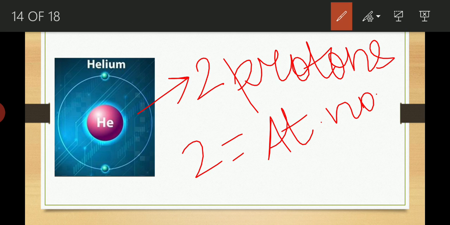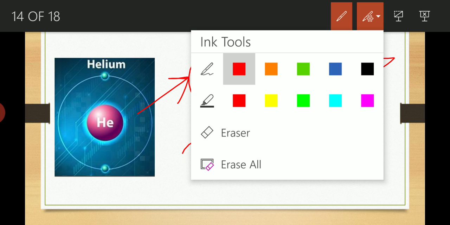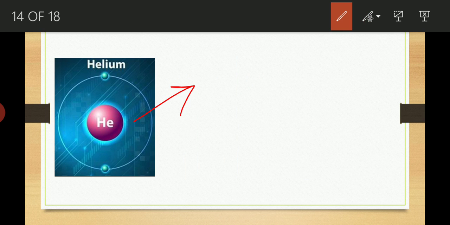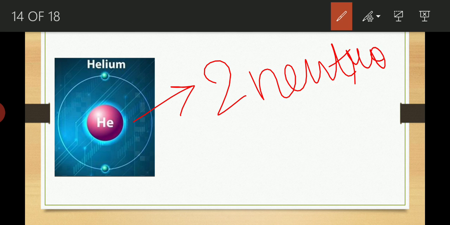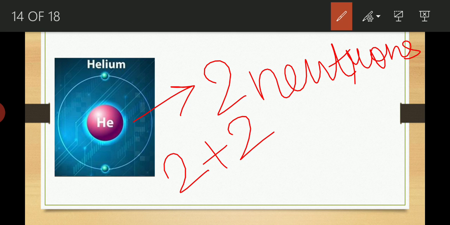Because atomic number is the total number of protons present. As helium has 2 protons, the atomic number of helium is 2. And helium has 2 neutrons. Clear? So helium has 2 protons plus 2 neutrons. That means 4. 2 plus 2, 4. This 4 is the atomic mass.